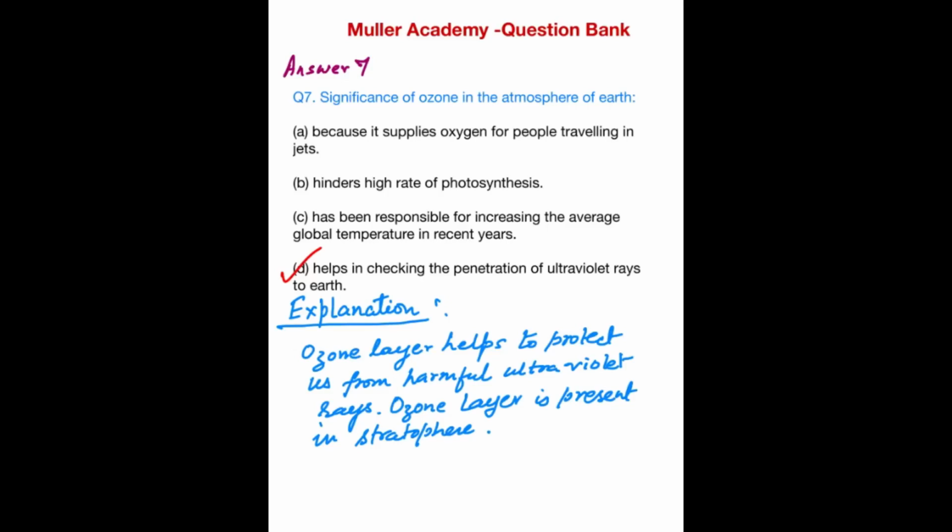So what is the correct answer? If you have seen our videos, you must be knowing it helps in checking the penetration of UV rays to earth. So it stops the harmful UV radiation. Ozone is present in the stratosphere, where it stops UV from penetrating.